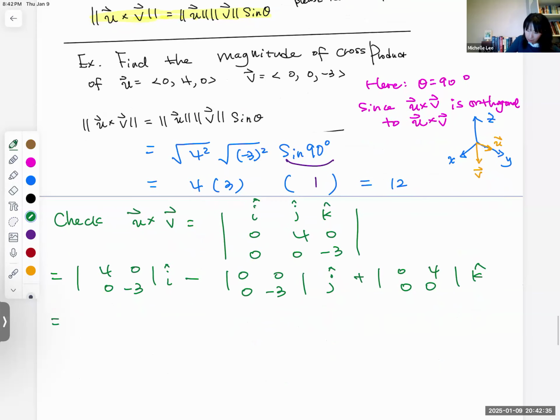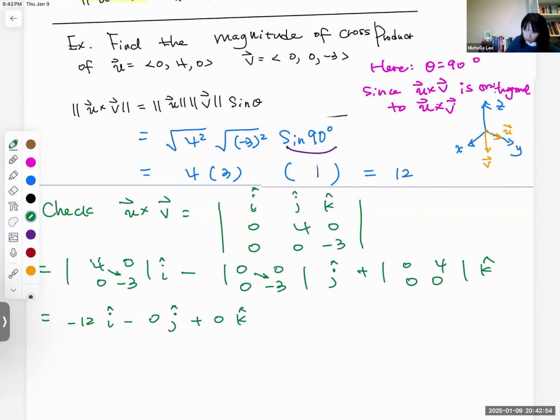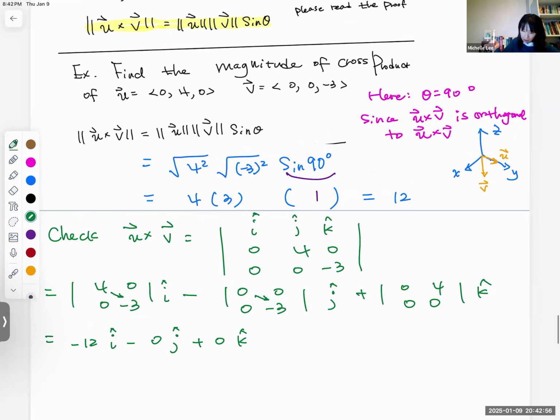So we have negative 12 and 0 and 0. Yeah. So it's a negative 12.